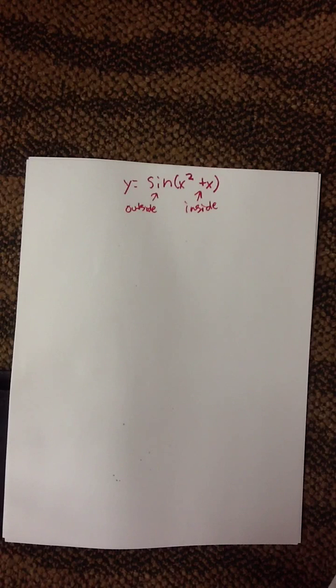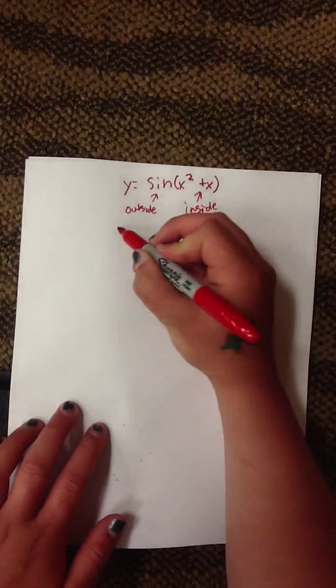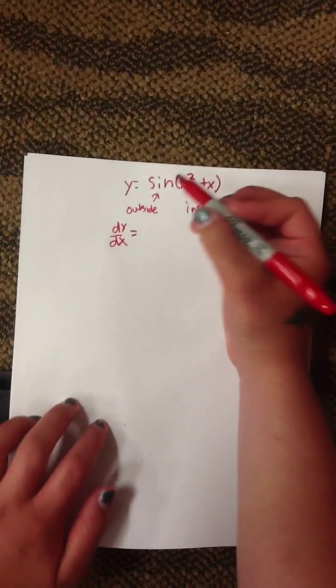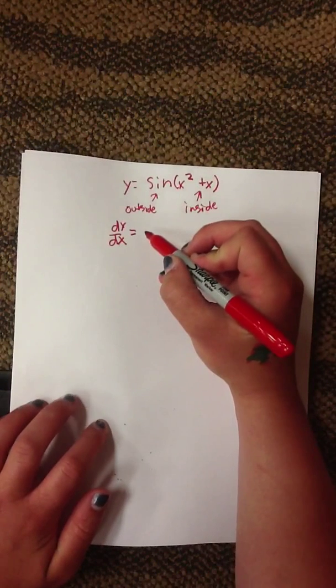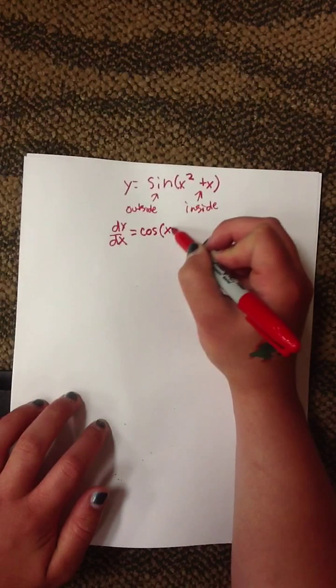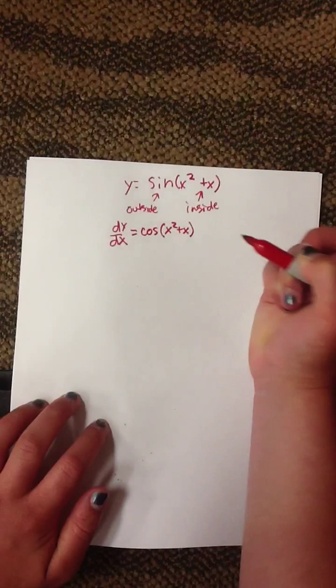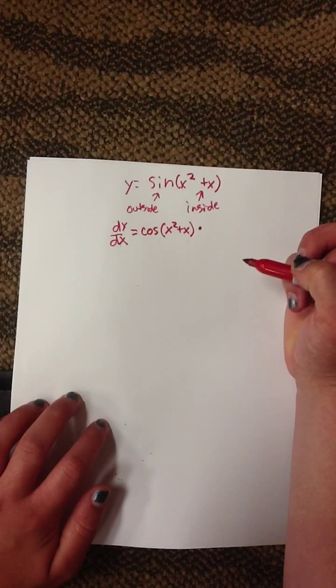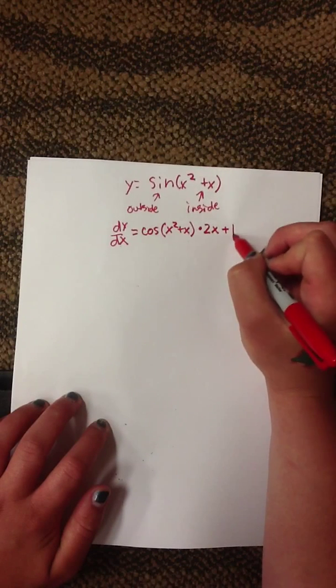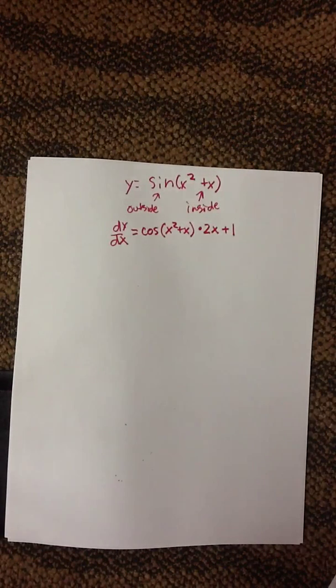So, using the outside-inside rule to find dy dx, we take the derivative of the outside, which is sine, and the derivative of sine is cosine, and we leave the inside alone. Then, multiply by the derivative of the inside, so multiply by 2x plus 1.